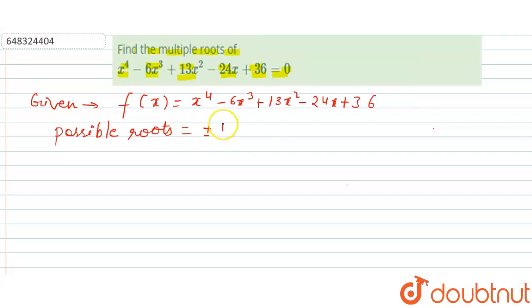We can say that it could be plus minus 1, plus minus 2, plus minus 3, plus minus 4, plus minus 6, plus minus 9, plus minus 12 and plus minus 36. Those could be the possible factors of 36.